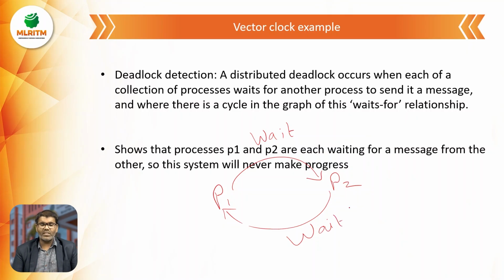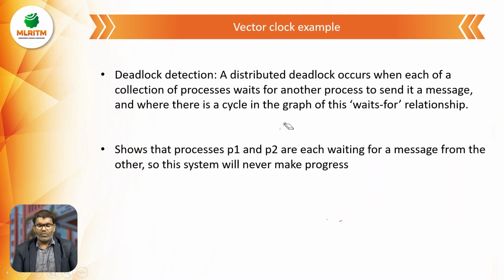So process P1 and process P2 are each waiting for a message from the other, so the system will never make progress. That's why we are saying it is a deadlock. Thank you.